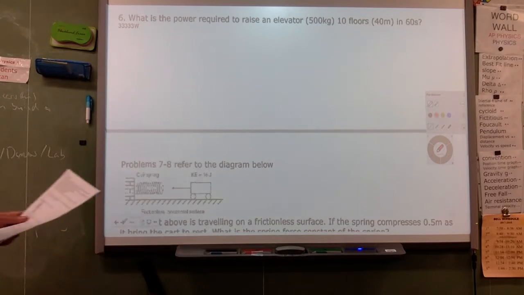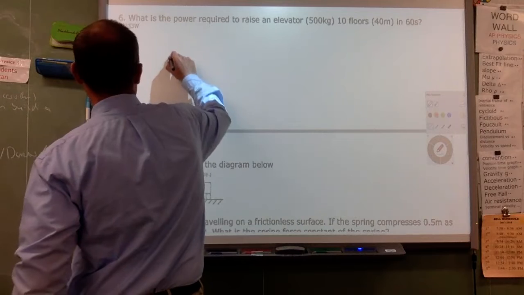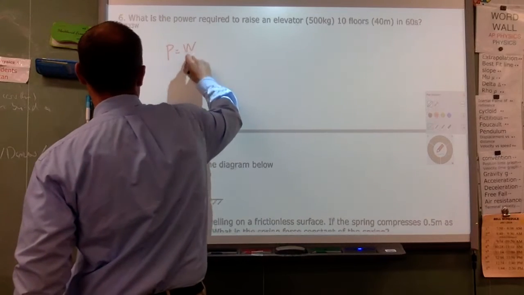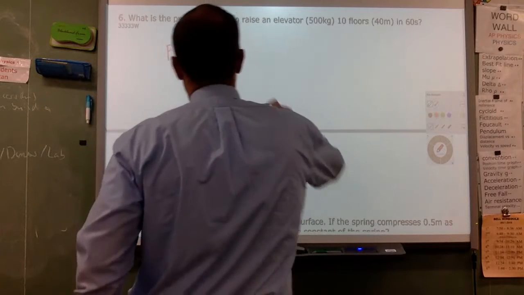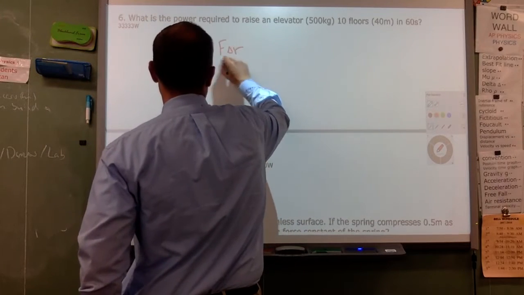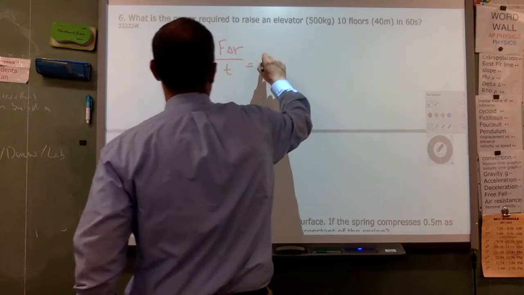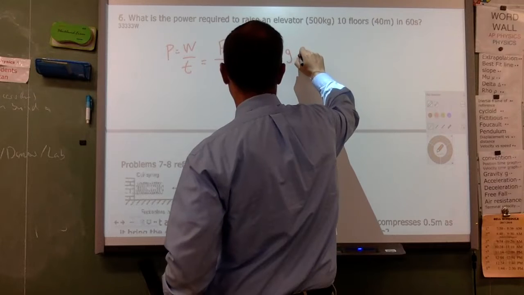All right, number 6, we have a power question. Power is just going to be work over time or energy over time. So in this case, our work is going to be our force times our distance. The force you would need to lift something would be equal to its weight.